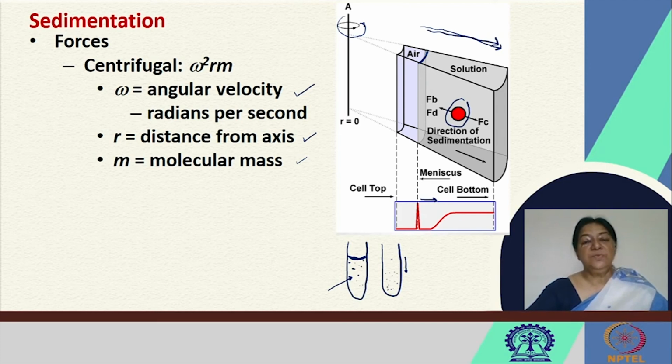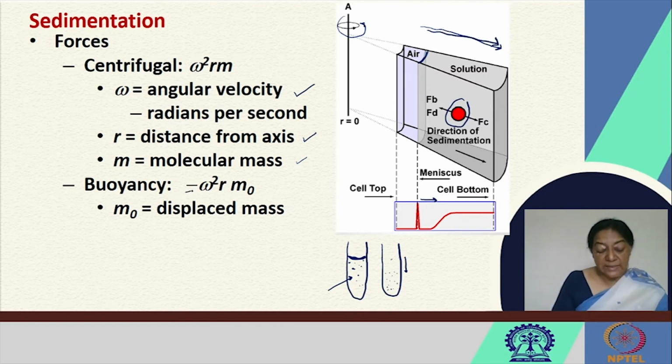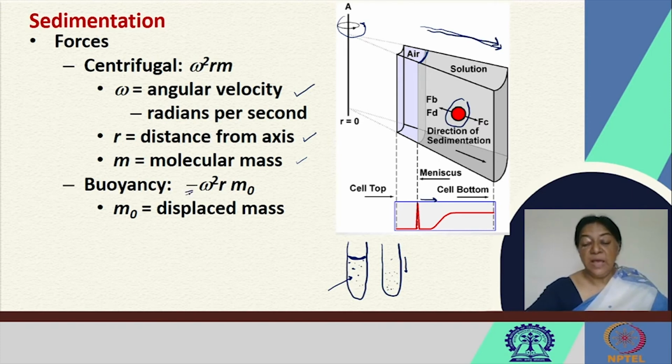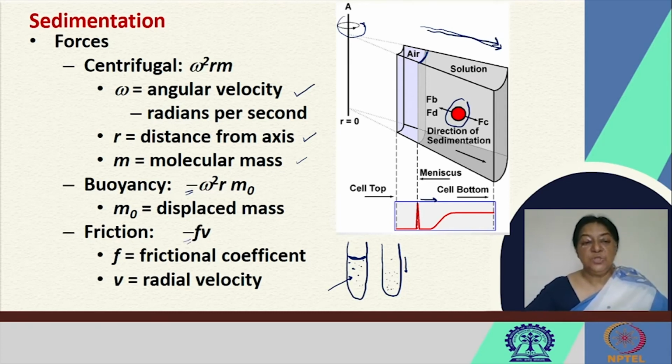Followed by this, we have two opposing forces. One is the buoyant force of the molecule that looks at the displaced mass, which is acting against, which is negative, and the viscous force that is due to the friction of the liquid that is present, which is also acting against the centrifugal force. However, these forces balance each other.